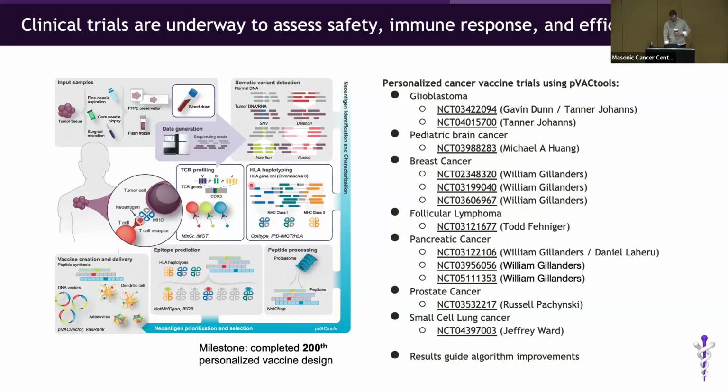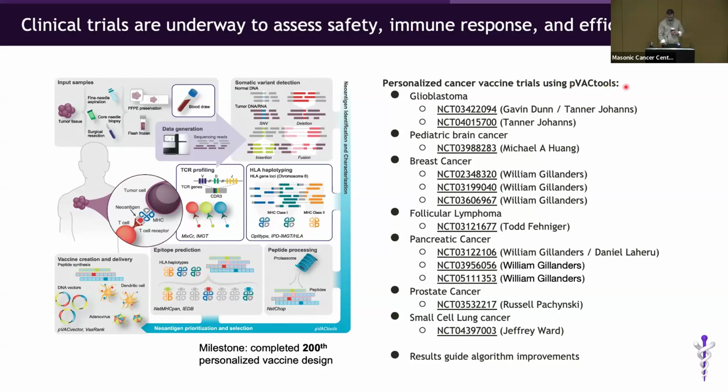In parallel, figure out the HLA typing of the patient so you know which version of those MHC molecules each patient has, and then put all the pieces together to try to predict from these alterations presented by the patient's MHC molecules what epitopes might be presentable that are unique to the tumor, and then use that information to design a personalized therapy and deliver the therapy to the patient.